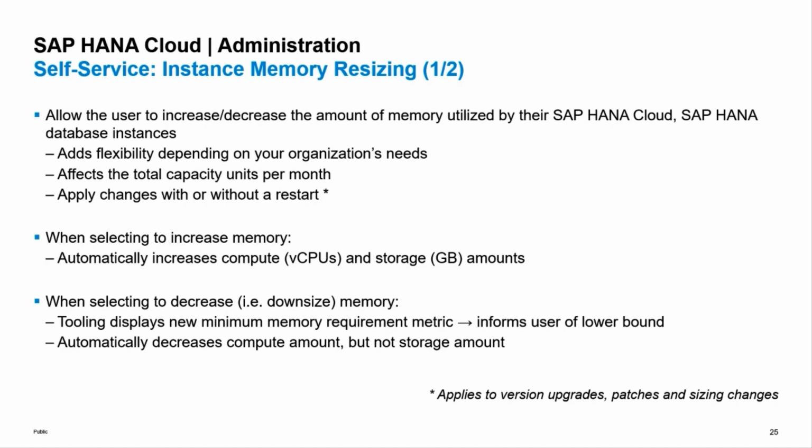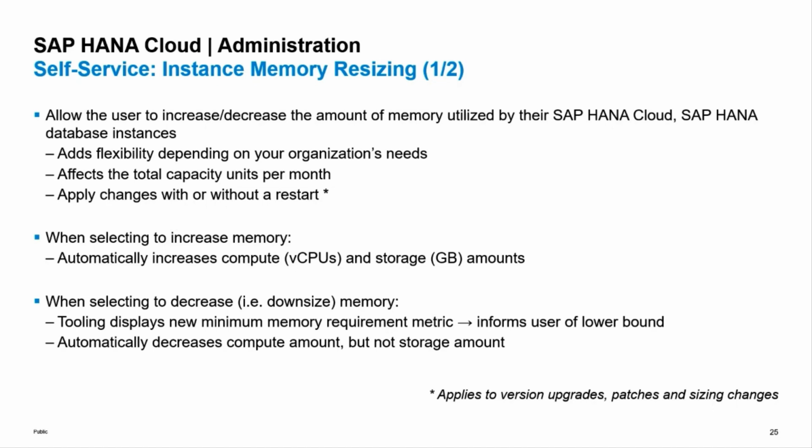And it's also going to automatically decrease the amount of compute, but it's not going to decrease the amount of storage. And that is a behavior that we've done since the beginning, where as soon as you increase your storage amount, typically you don't want to decrease that to avoid data loss.